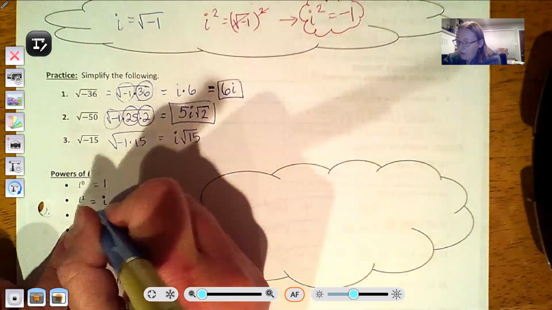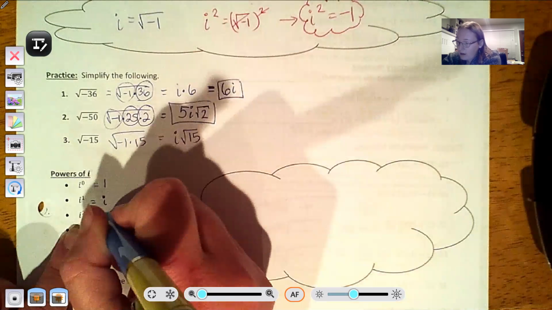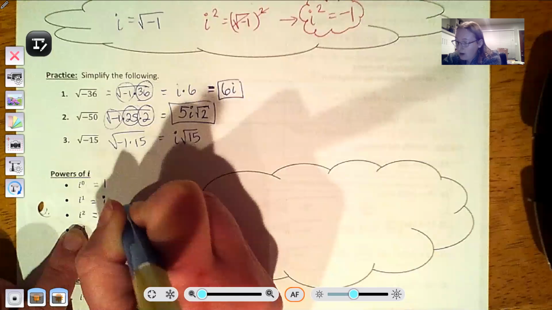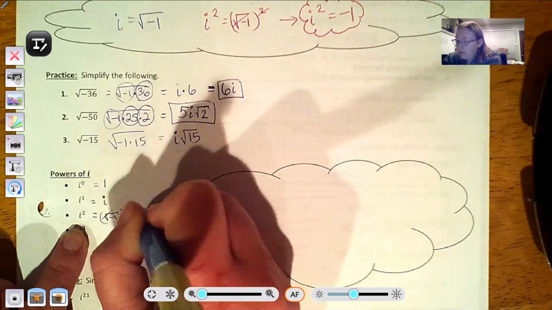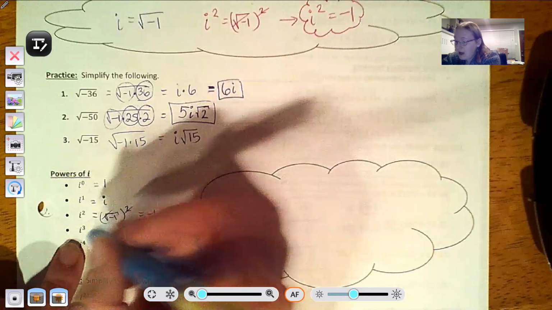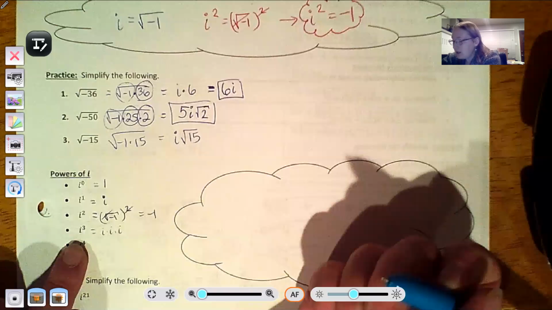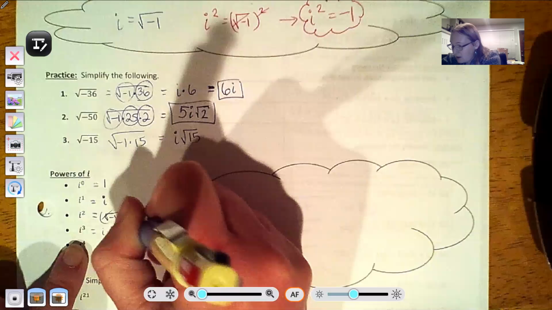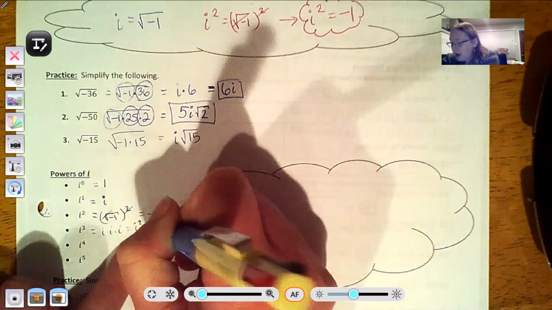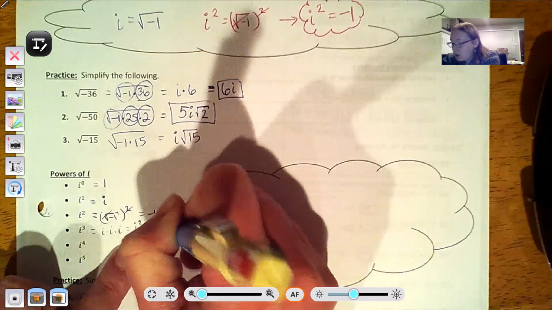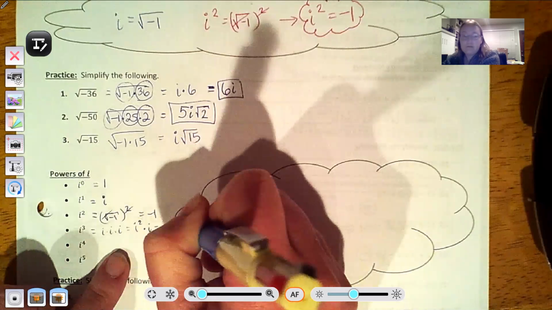This is really the square root of -1, squared. So it's -1. And then this is i times i times i. And so it's i squared times another i. So it's that -1 times i. So it will get you -i.